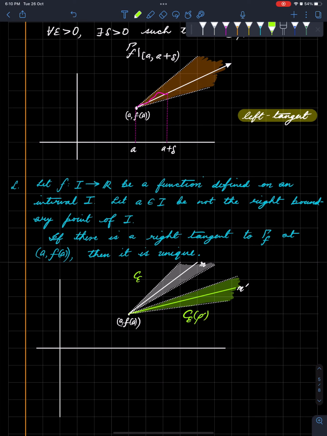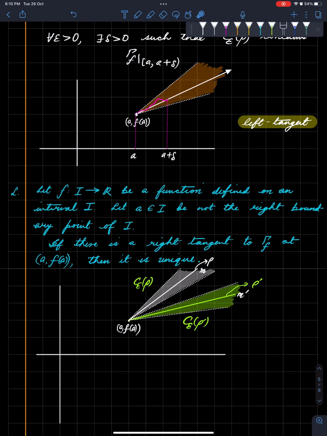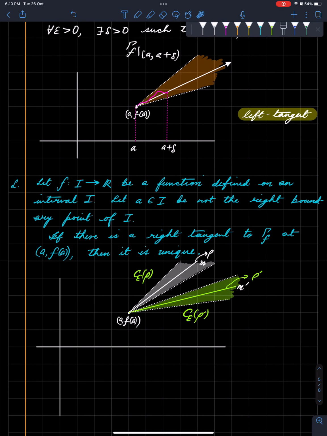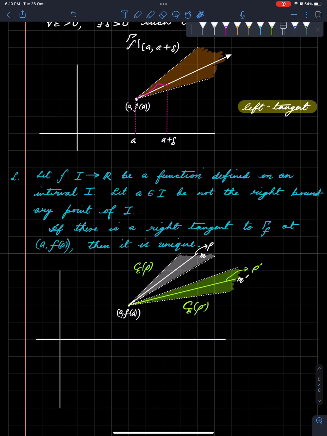This is C epsilon rho. This white line is rho. This green line is rho prime. So we can always choose epsilon small enough so that these two epsilon cones are disjoint, simply because you can choose epsilon to be less than (m minus m prime) by 3, let's say. Just choose epsilon equal to that and you'll be fine.